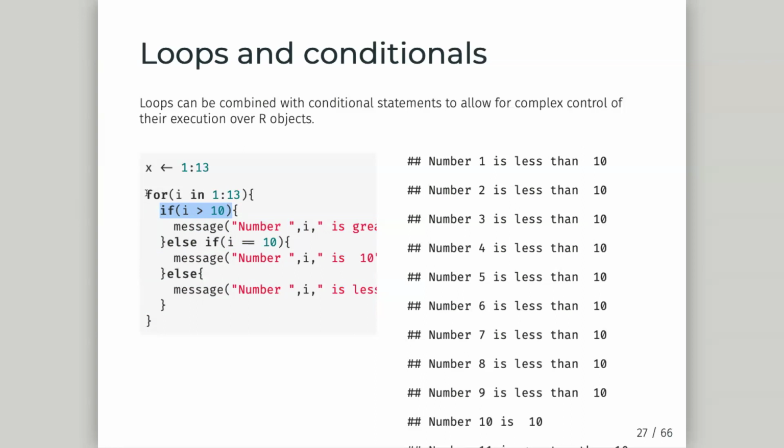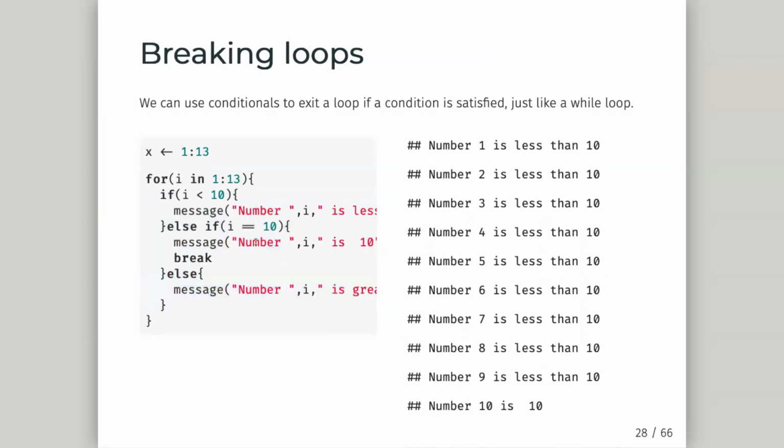Okay. So just to show we can actually do loops, and we can nest within them conditionals, and we can start to do some kind of complex evaluation of our vectors or what other objects we're looking at. If, and this is probably more useful for while loops, but if for some reason we decide that we want to stop our looping at a particular evaluation, we can use this function break.